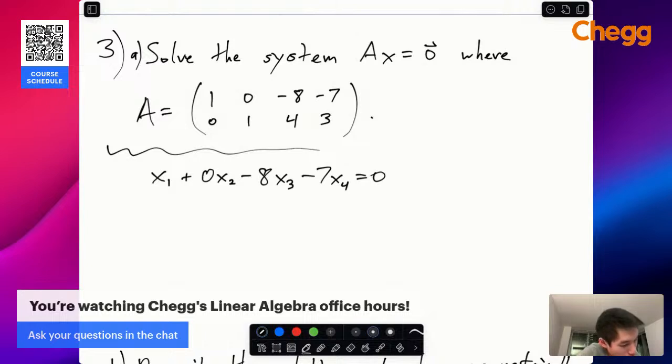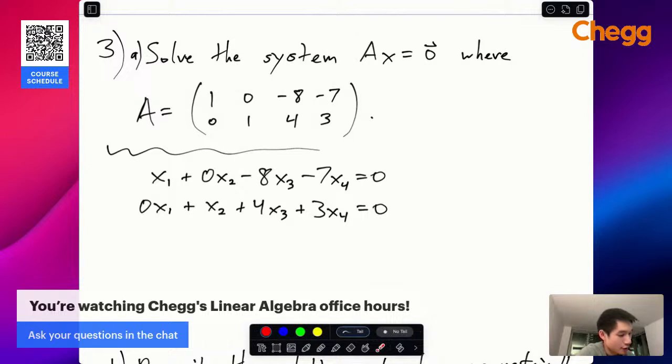And the second row will correspond to 0x1 plus x2 plus 4x3 plus 3x4 equals 0. You can see how the numbers in the matrix form the coefficients of my equations.